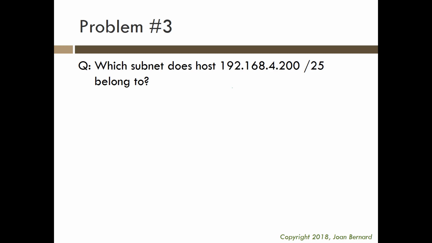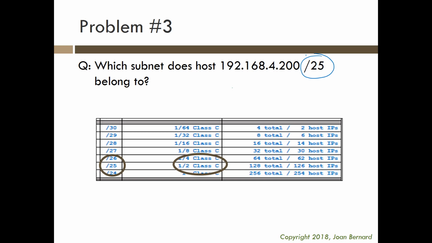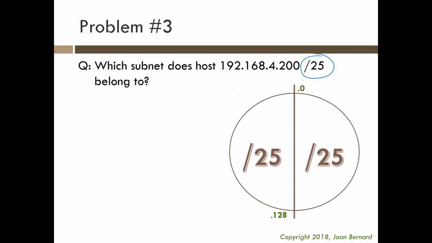All right. Here's a little bit different problem. What subnet does host 192.168.4.200/25 belong to? Once again, you're going to start by looking at that /25. Check your subnetting cheat sheet. A /25 is half of a class C, with 128 total IPs, 126 host IPs in each one of those subnets. So we just divide that in half, and you only have a choice of two answers.